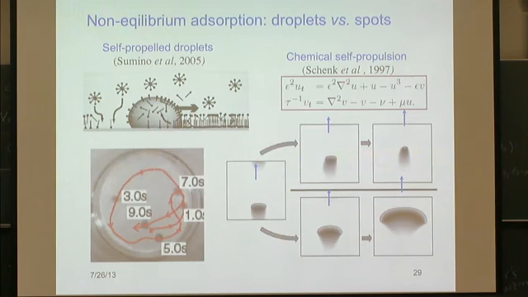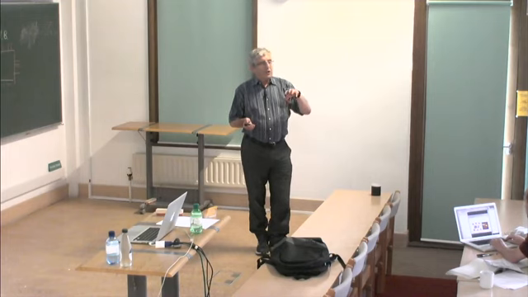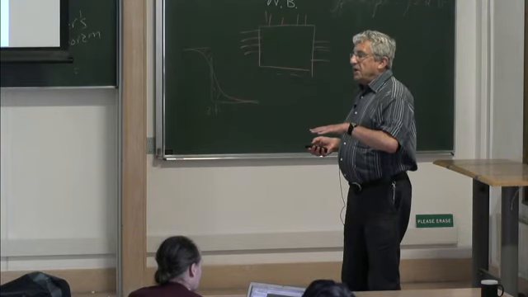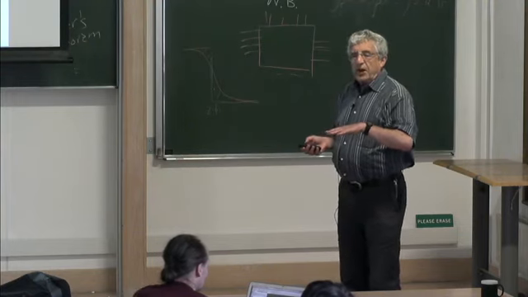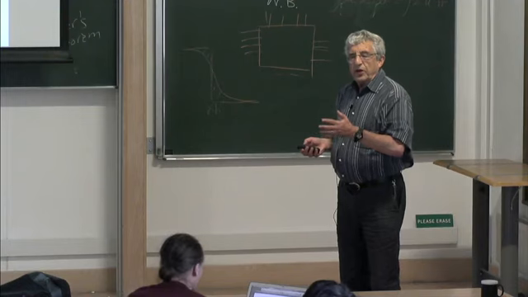And here are experiments. The first experiments on moving droplets were like this: there was a chemical reaction in the droplet, and because of this chemical reaction, something was formed which was deposited on the substrate, and this substrate would become unwetting, and the droplet would run away from there.